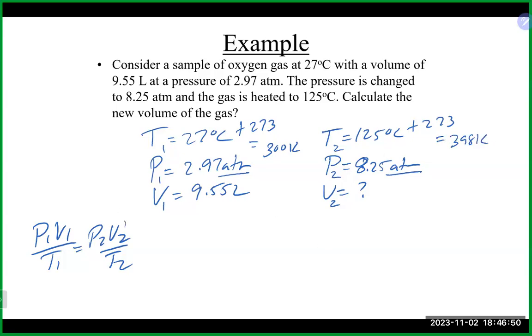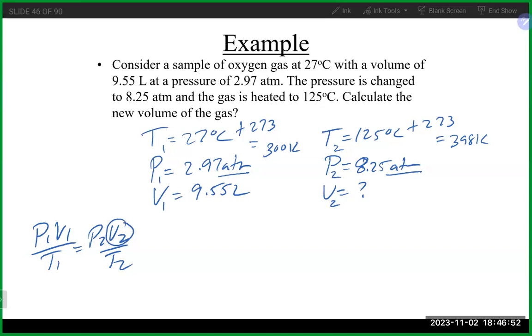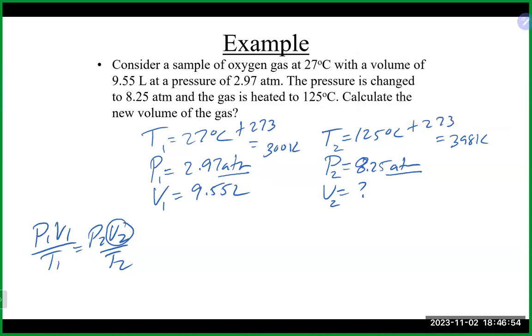In this case, we're looking for V2, which means that T2 needs to go to the other side on top. P2 needs to go to the opposite side on the bottom, and that will get us T2 P1 V1 divided by P2 T1. Again, they end up on opposite locations.